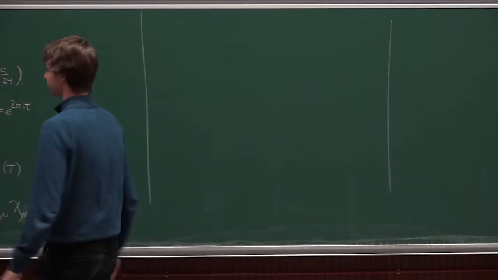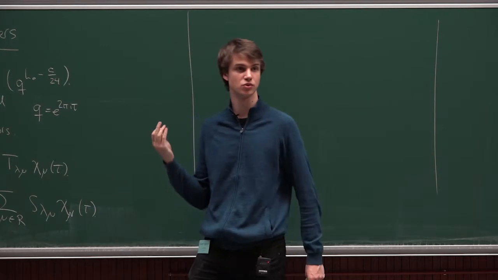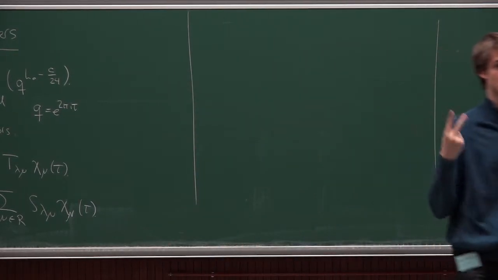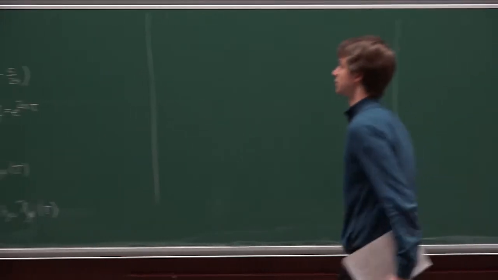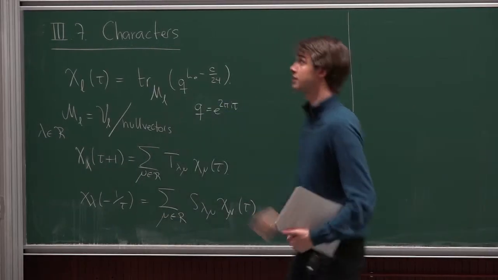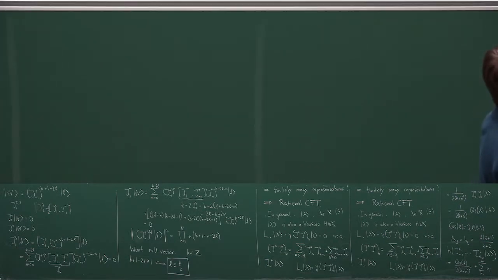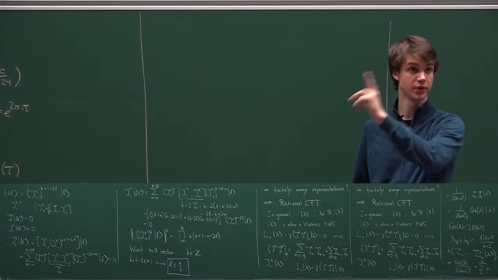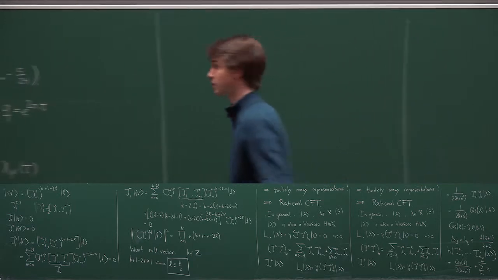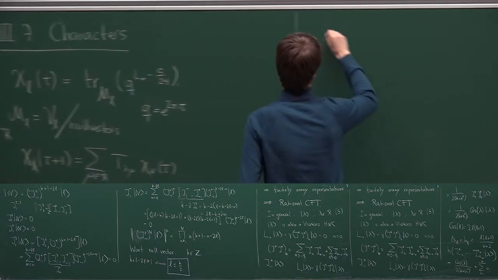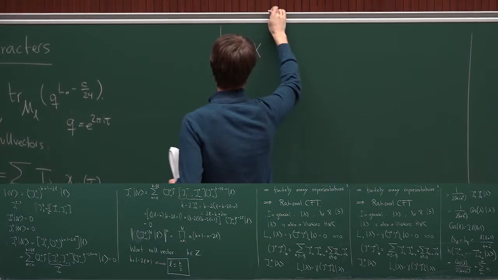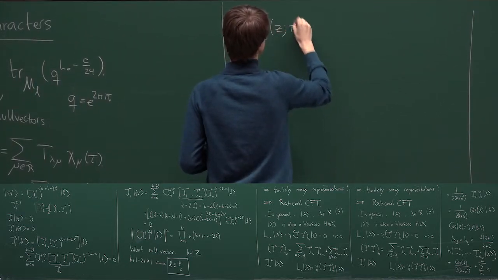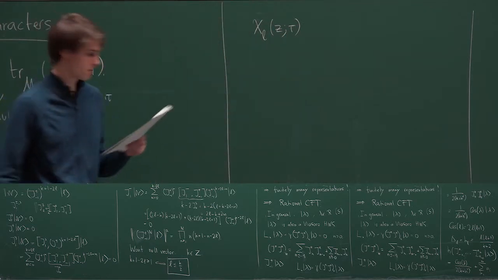Good. For these algebras, it's actually convenient to do a slight generalization, because we have two quantum numbers we can keep track of. This keeps track of the L0 eigenvalue of any state, which we computed up there. But we can also keep track of the SU2 eigenvalue of J03. So you can write down a slight generalization, chi_L, which now depends on two variables, z and tau.